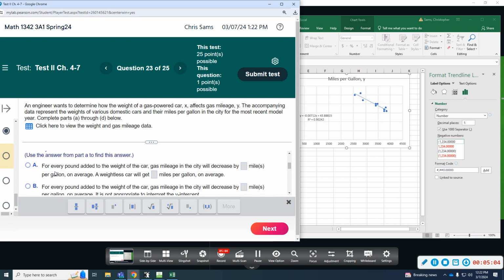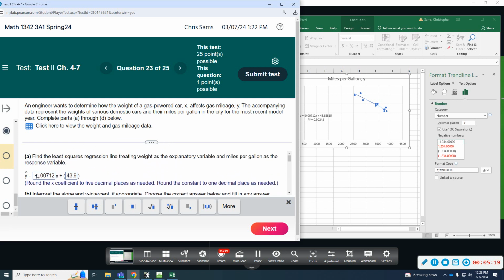So for every pound added to the weight, gas mileage will decrease. Yes. Every pound added to the weight goes up, we're going to decrease by the slope, negative 0.00712.